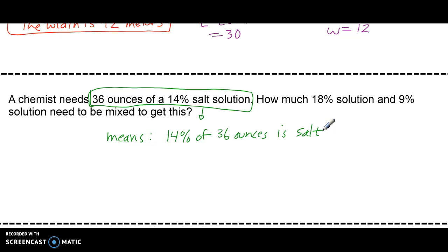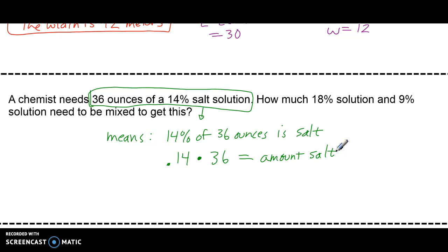And that can be translated into mathematics very easily. 14% is 0.14, of 36 ounces means times 36. The word is always translates as equals, and that equals the amount of salt that's going to be in that when you're all done. 14% of the 36 ounces has to be salt.